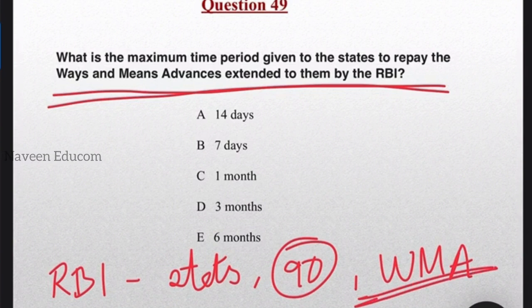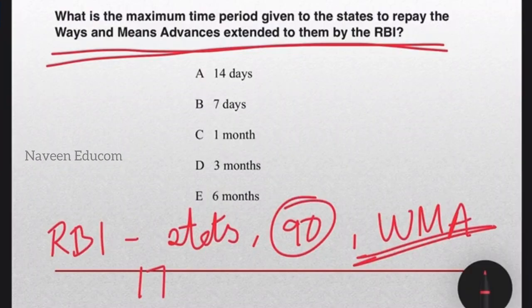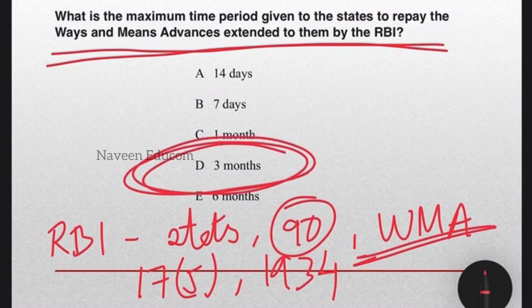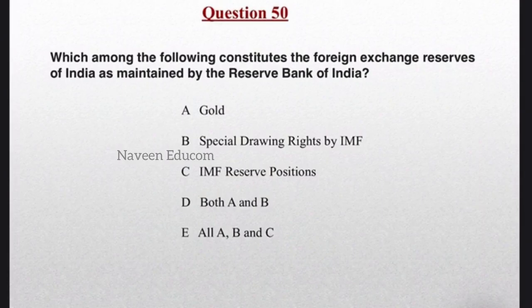WMA, which is Ways and Means Advances, is guided by section 17(5) of the RBI Act 1934. So what is the answer to our question? It is 3 months. That is given here as 90 days. Hope you are getting it right.